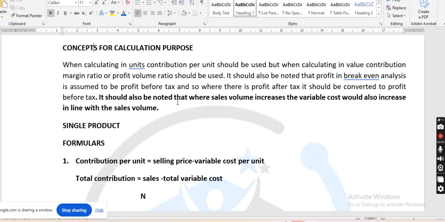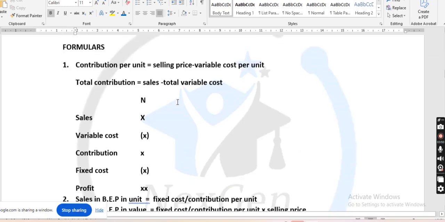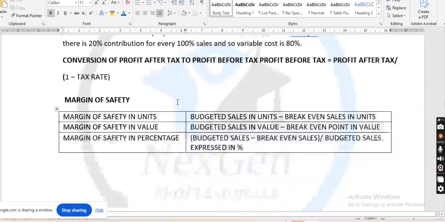Variable cost changes in line with the sales volume. If the sales volume increases, the variable cost increases. If it decreases, the variable cost decreases. Now, let's go back to the question.